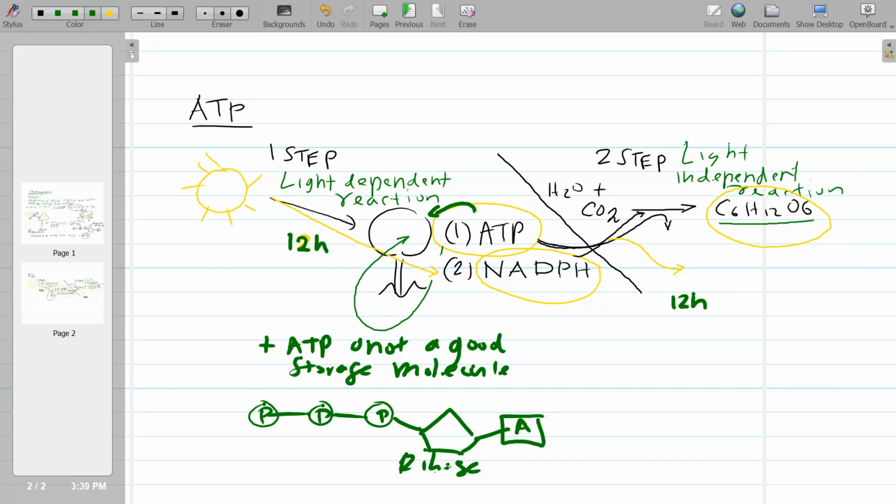It's a very good energy molecule, but storing petrol is very risky. It can easily burn. It's highly flammable. That is the nature of energy molecules.